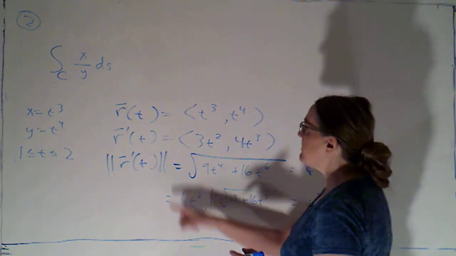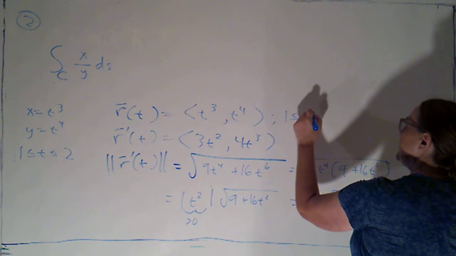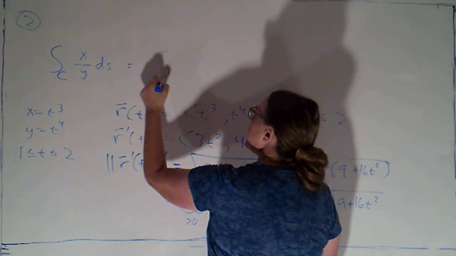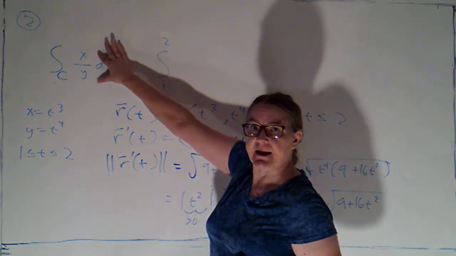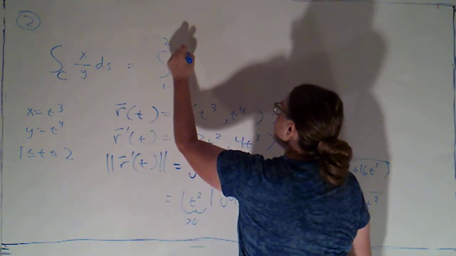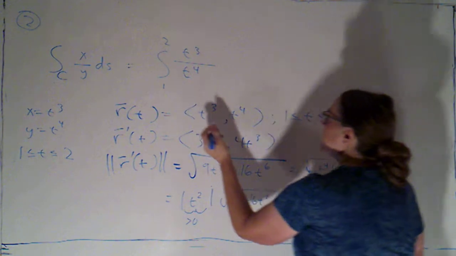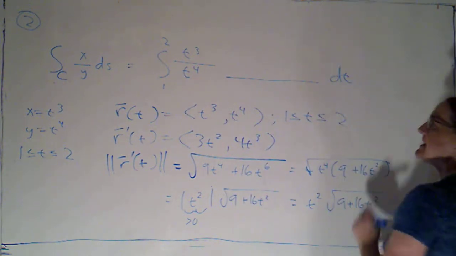So now we've got our r of t, and of course t was varying from 1 to 2. So now I'm going to integrate from 1 to 2. I need to take the original integrand and write it in terms of t. So x was t cubed over y was t to the 4th. And then we get our scaling factor dt.